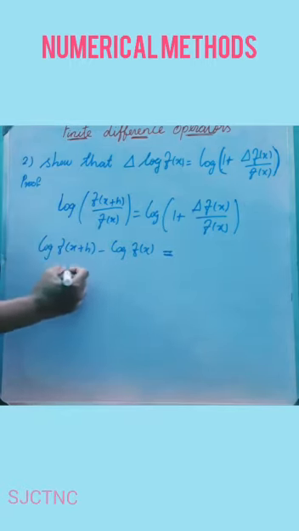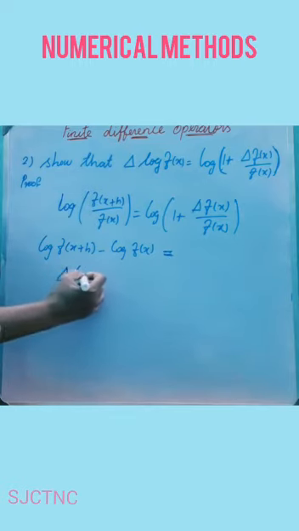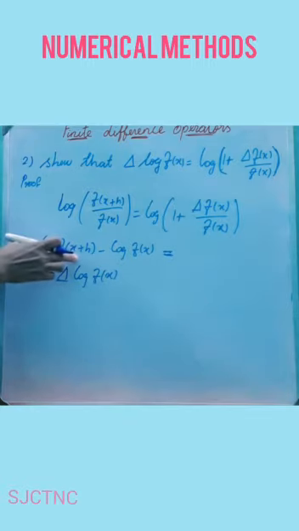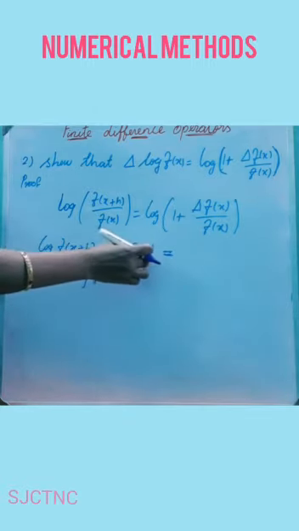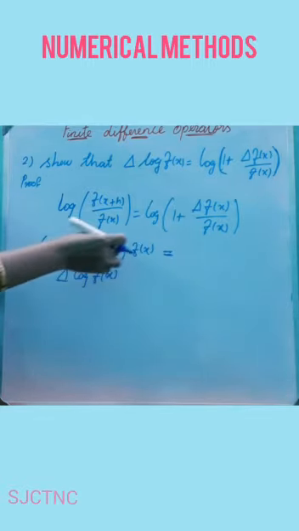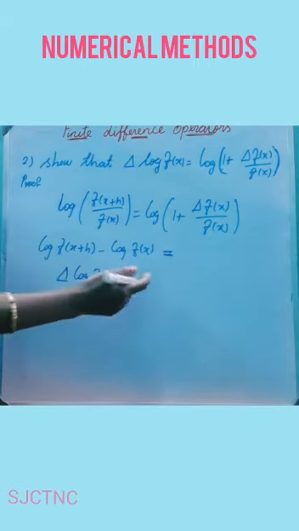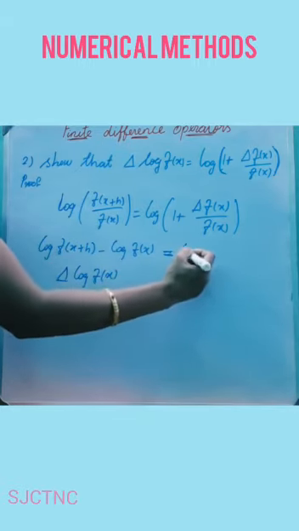Forward differencing of log of f of x is equal to log of f of x plus h minus log of f of x.